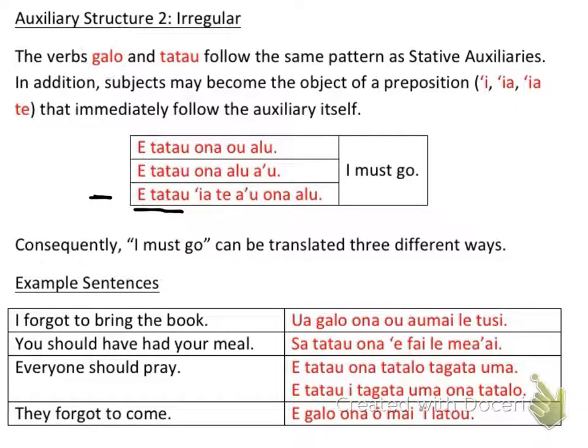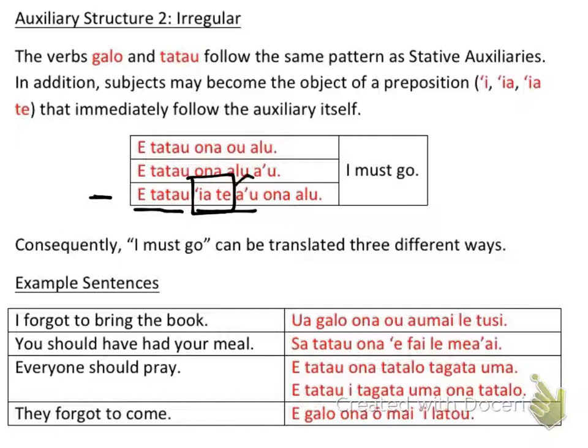I'm seeing tatao right now, so because I'm seeing tatao, I can also make my subject come immediately after that, and I use a prepositional phrase right there. And I use the necessary prepositional phrase.